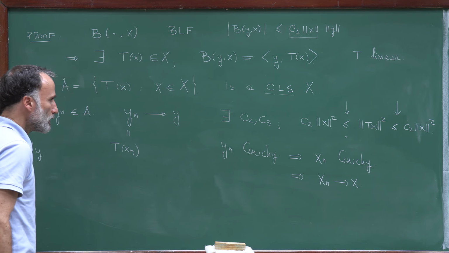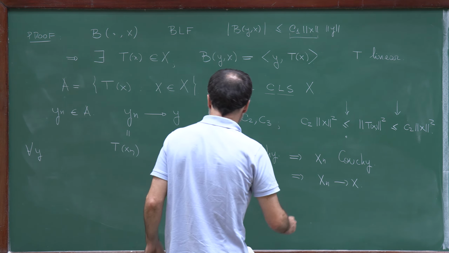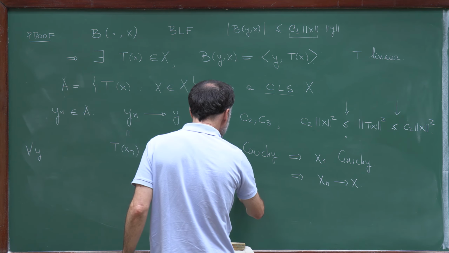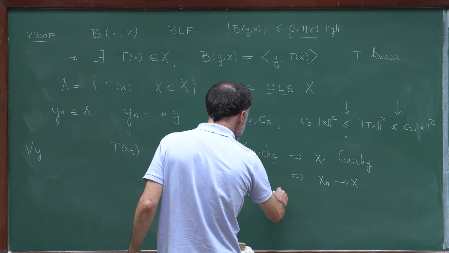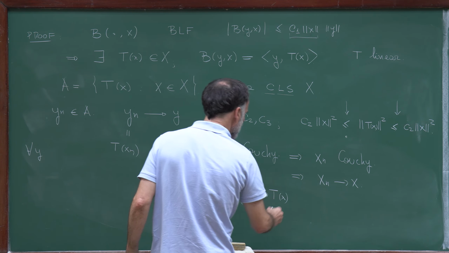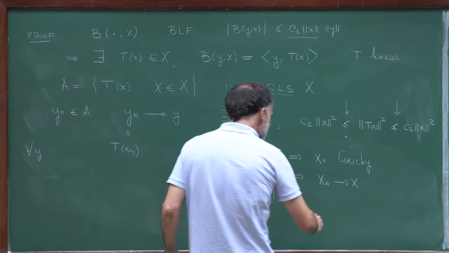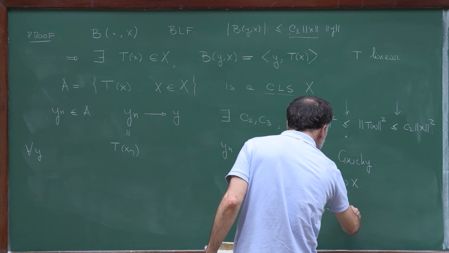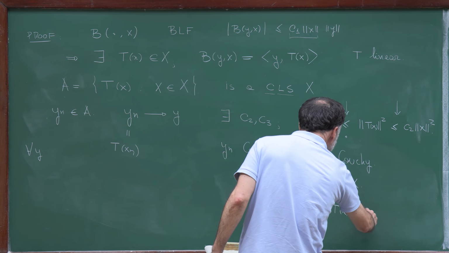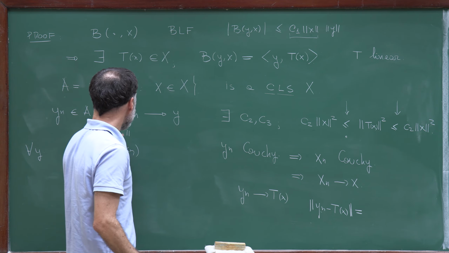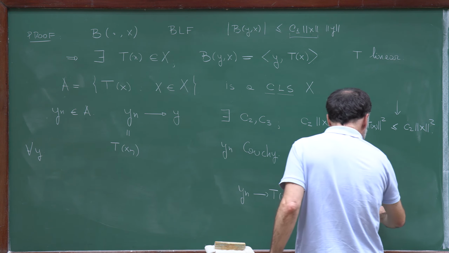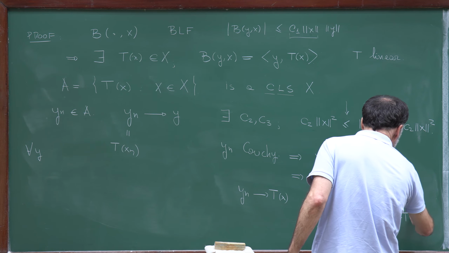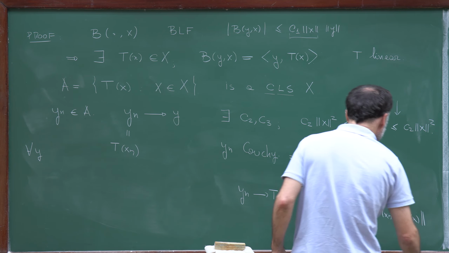And now I claim that yn is converging to T of x. Well, yn minus T of x is equal to T of xn minus T of x, since yn is T of xn and T is linear.